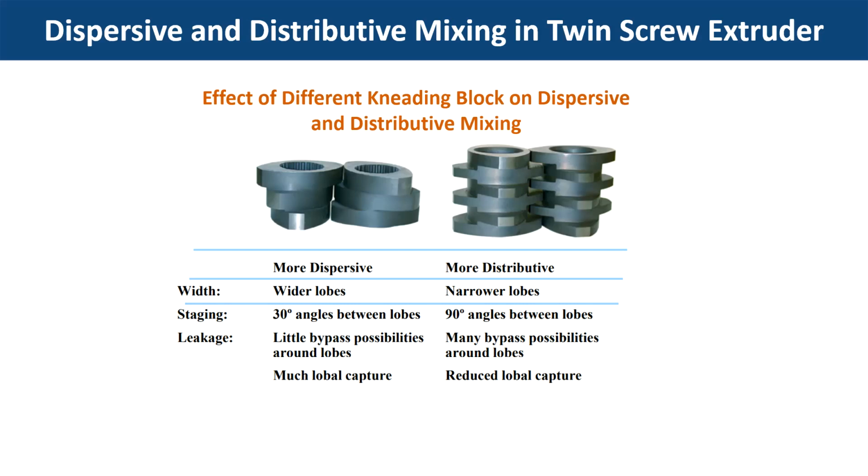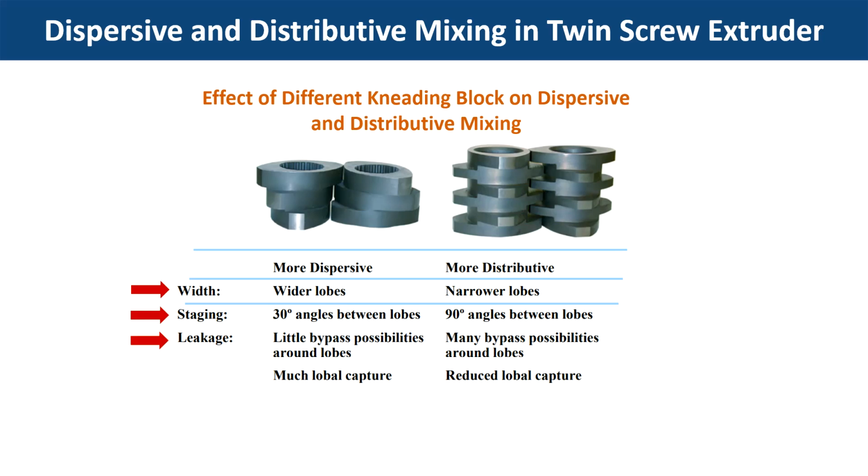Here is the summary showing how the design and staging angle of the kneading block affect the dispersion and distribution of additive. A wider lobe provides higher dispersion by increasing the amount of material passing through the higher shear zone. Similarly, a lower angle leads to higher shear zones.